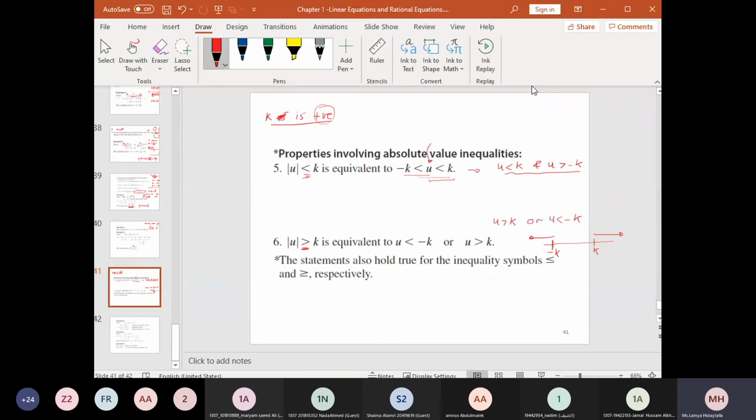This is the case of greater than k, so this part, or less than minus k, this part.